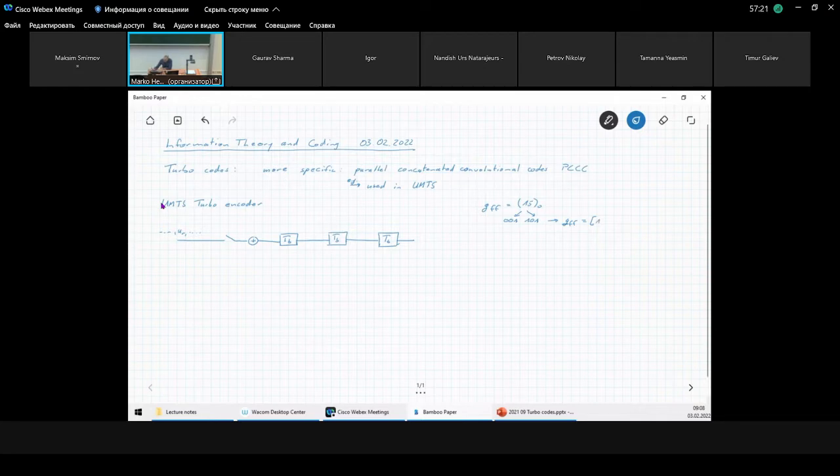So this will be a generator like this. We get the feed forward path by using the first one here, using the second one here, not using the next one here, and using the last one.